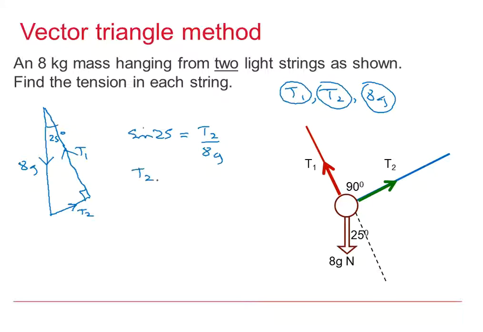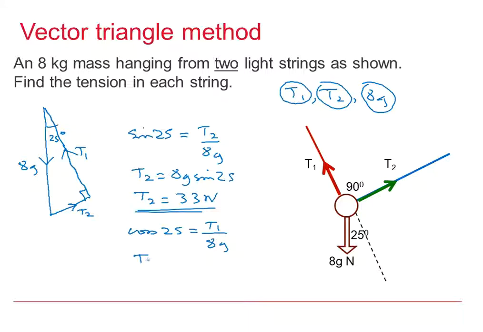So I can very quickly get T2 is 8G sine 25, and T2 is therefore 33 newtons. If I do another piece of trigonometry, for example cos 25, I get cos 25 is adjacent, which is T1 over hypotenuse, which is 8G. Quick rearrange, I get T1 is 8G cos 25, and therefore T1 is 71 newtons.